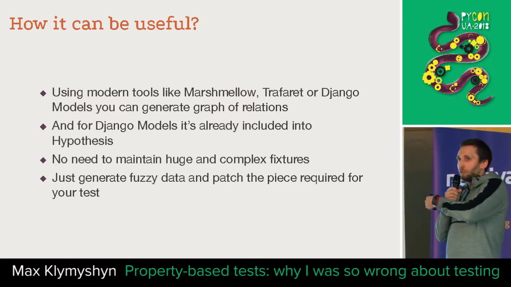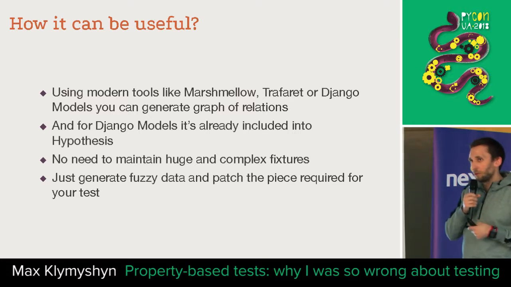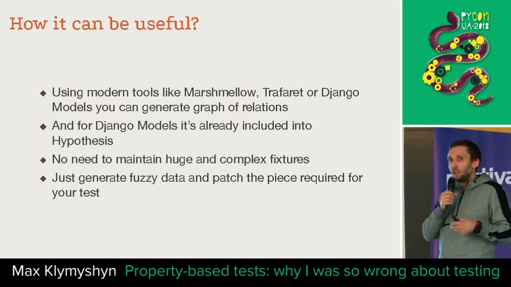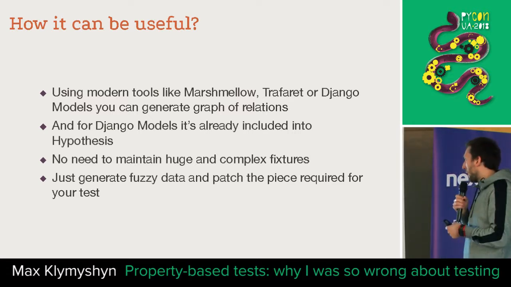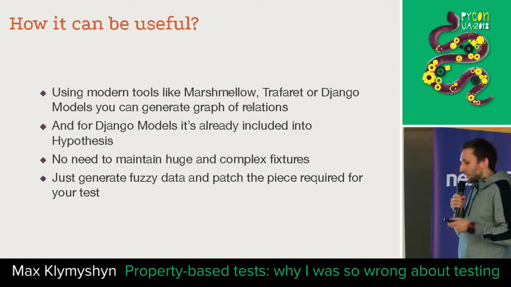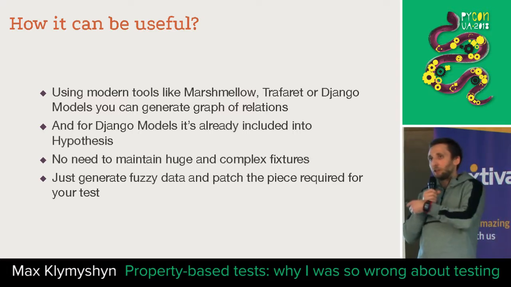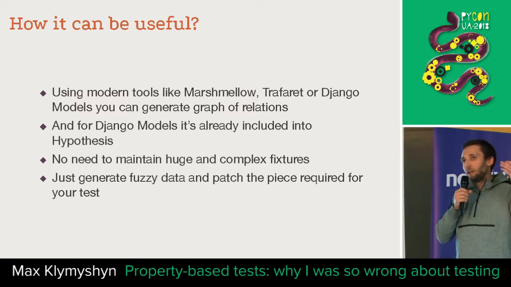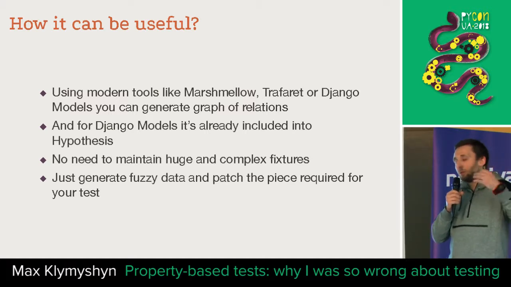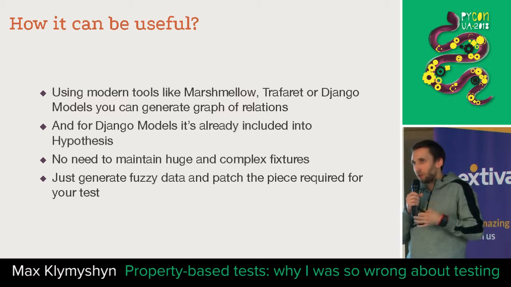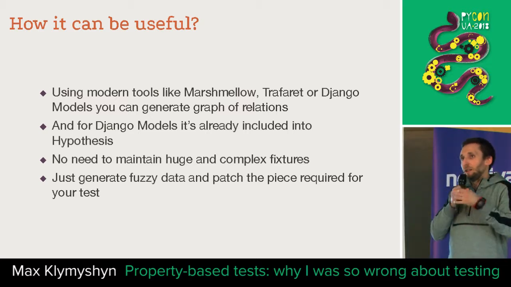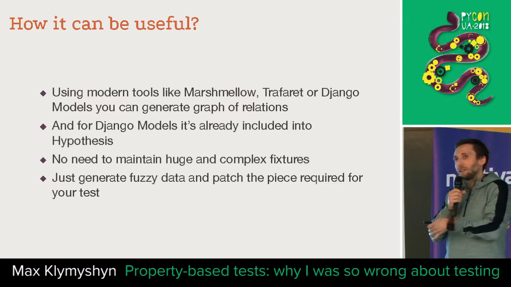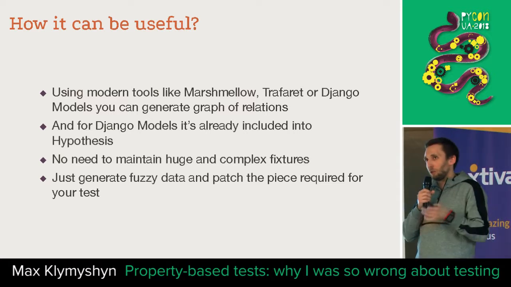Also, as a plus for Django models, there is already a plugin for Hypothesis, so Hypothesis can generate Django models. The main benefit of such an approach is to not maintain big fixtures and relations between fixtures. If you change one fixture, 50 tests fail and so on. Hypothesis can do it for you.